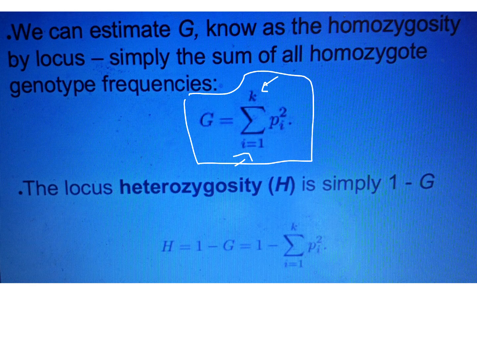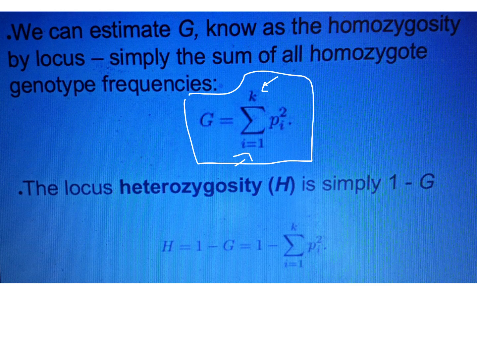What we're going to do is take the pi squared, so that's each p value between 1 and whatever k is, and we're going to add all those together. This p is a frequency, I guess. We're going to take those frequencies, square them, and then add them all up, okay?